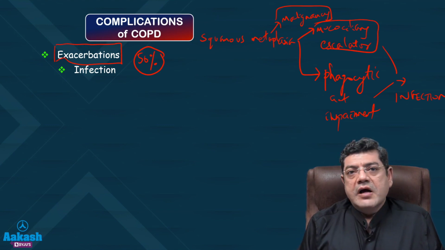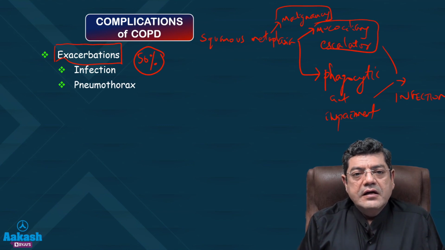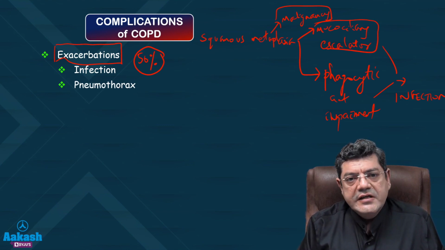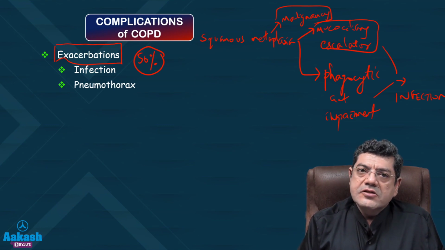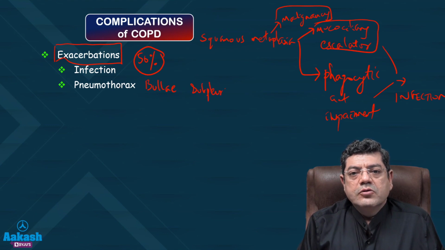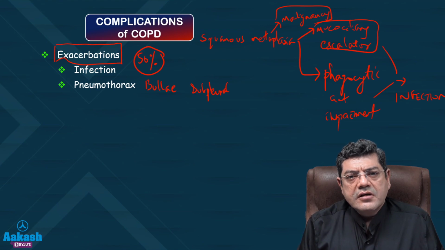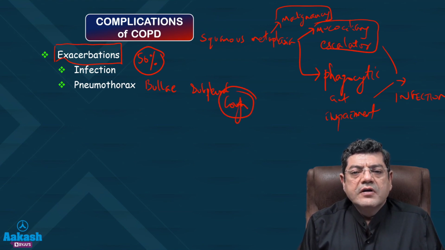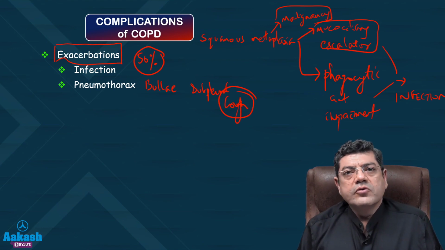Another complication that I just mentioned while I was showing you the CT was pneumothorax, and that's common because these patients have emphysematous bullae, right? And when there is a subpleurally located bulla, the pressure changes that occur in the thorax, even with simple cough, can give rise to a pneumothorax.